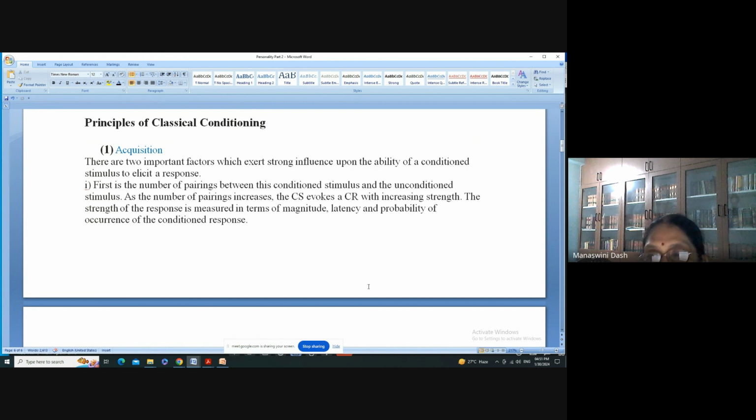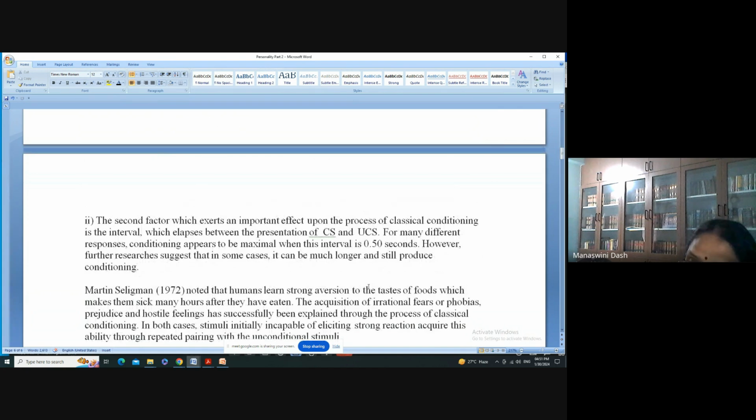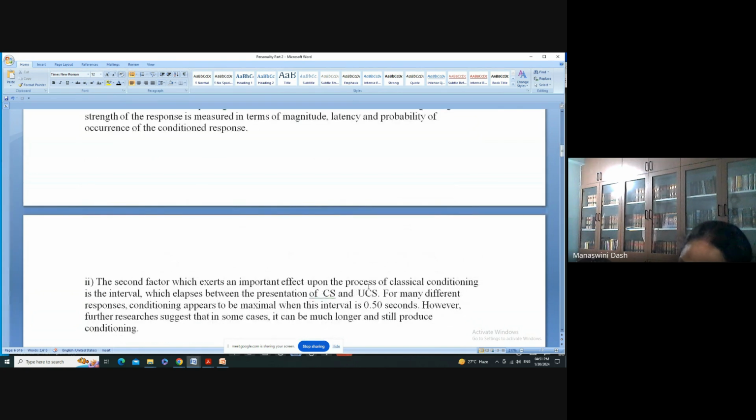CR is salivation to the sound of bell. Okay, same salivation, but the stimulus is different. So the strength of the response is measured in terms of magnitude, latency, and probability of occurrence of the conditioned response. Second factor, first factor is the number of paired presentation of the CS and UCS.